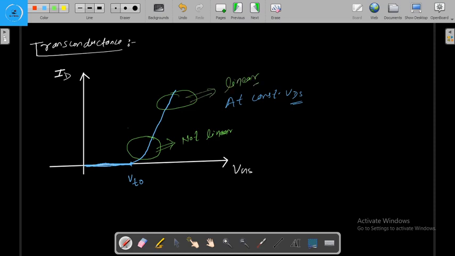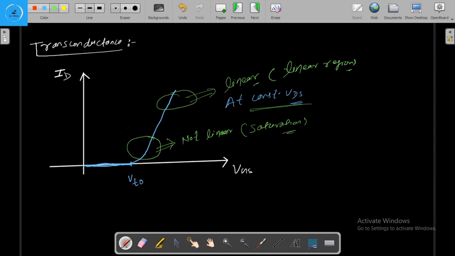Here our MOSFET is operating in the saturation region, hence our drain current is increasing non-linearly, and here our MOSFET is operating in the linear region, hence our drain current is increasing linearly, and we are drawing this at a constant VDS, right?